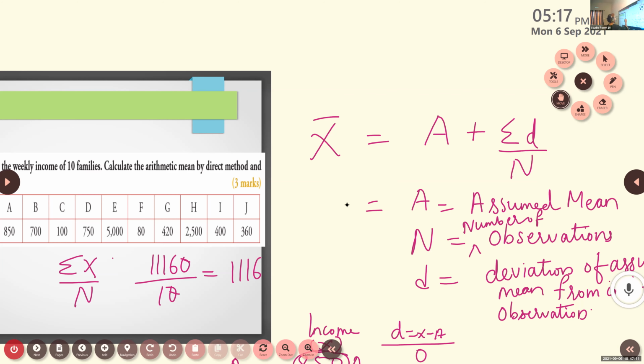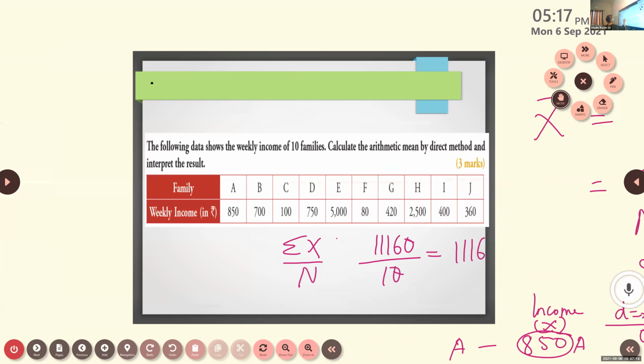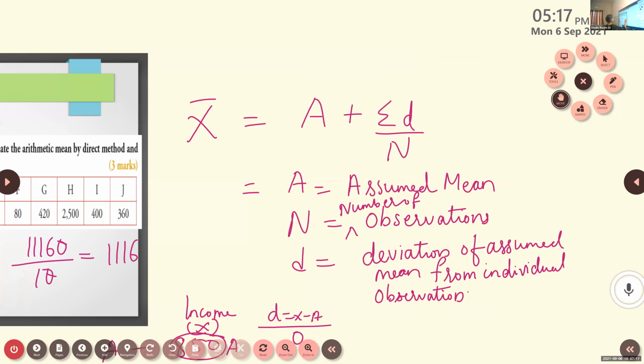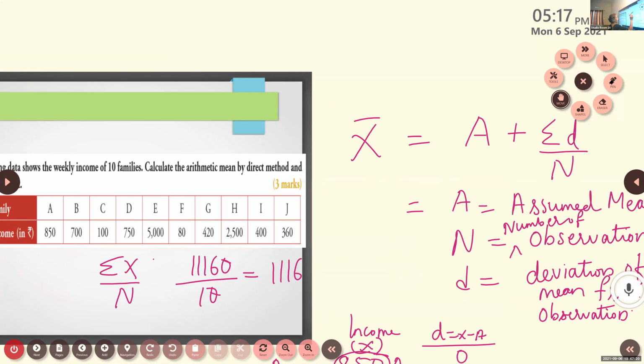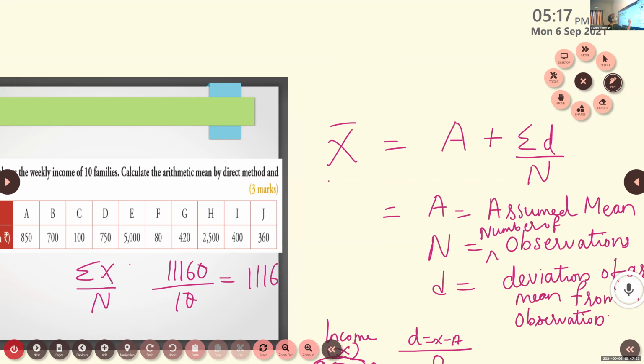Then you can apply this formula: mean is equal to A plus sigma D by N. Assumed mean, you know, that is 850. Then sigma D, how much you got? First you find sigma D by N, then add the assumed mean.